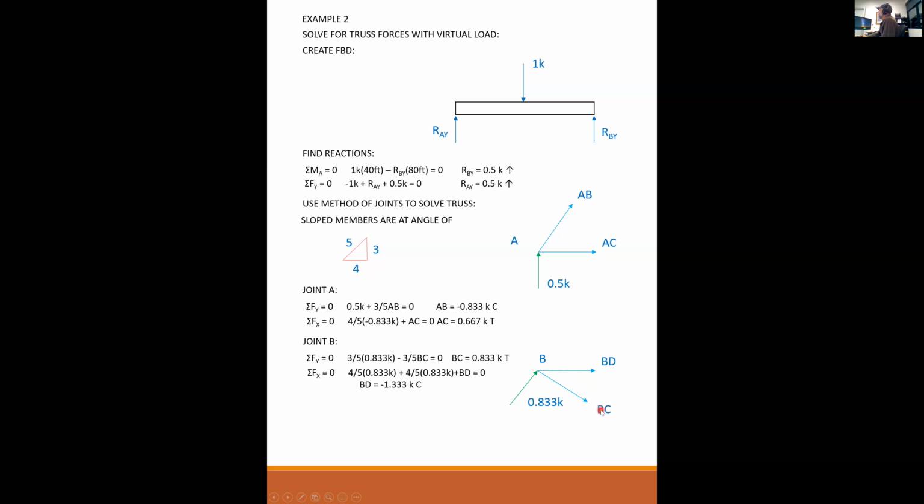Now that I have BC, now I can sum the forces in the horizontal. I have 4/5 of 0.833 kips to the right, plus 4/5 of 0.833 kips also to the right, plus BD. BD is then negative 1.33 kips in compression.